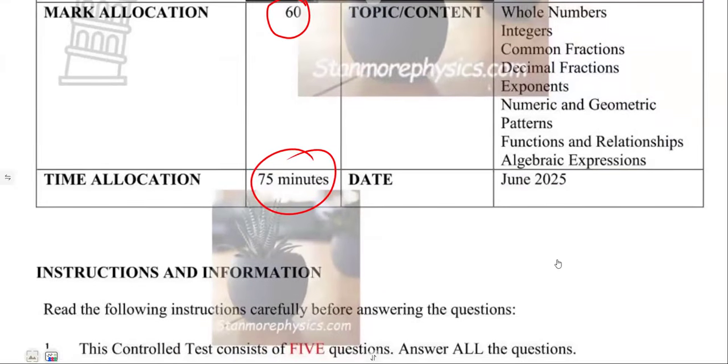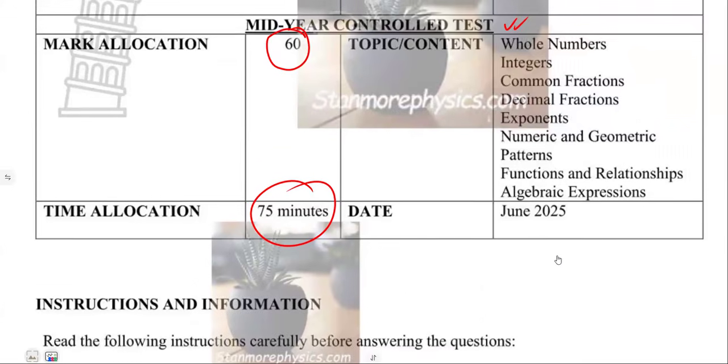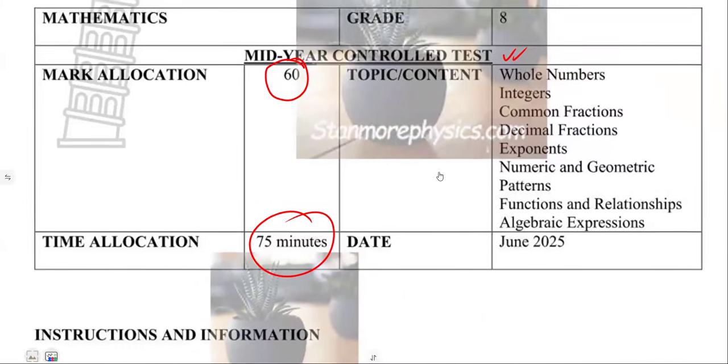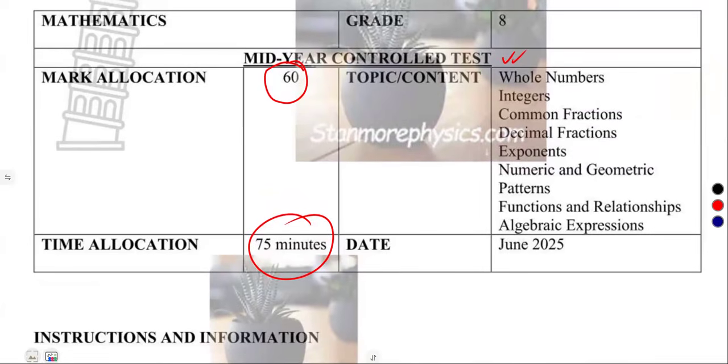So make sure you understand that for the mid-year controlled test, you are working with the topics that you covered from term one up to term two.